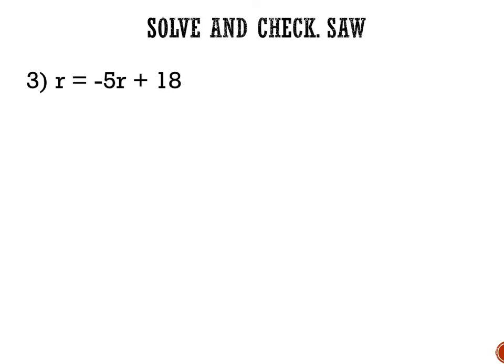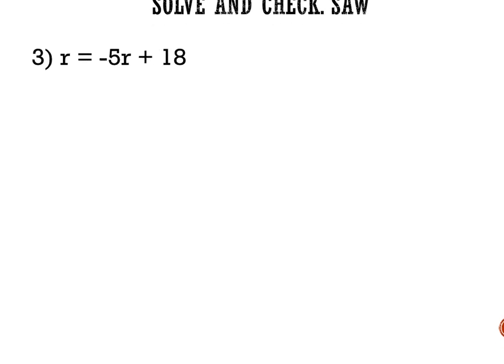Number 3, r equals negative 5r plus 18. I don't need to distribute. I don't need to collect like terms on either side of the equation, but I do need to collect variables to one side. Since r is by itself on my left-hand side, I'm going to leave r there, and I'm going to move the negative 5r over to the left-hand side to join it.